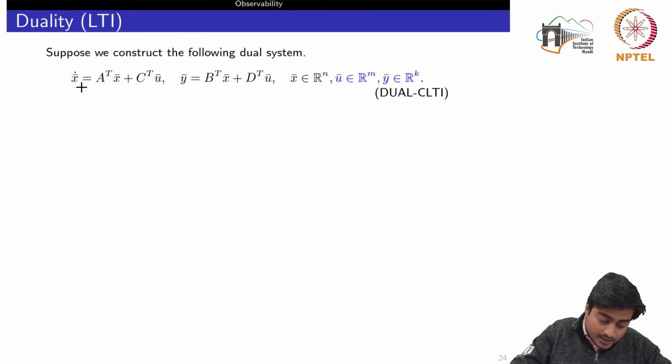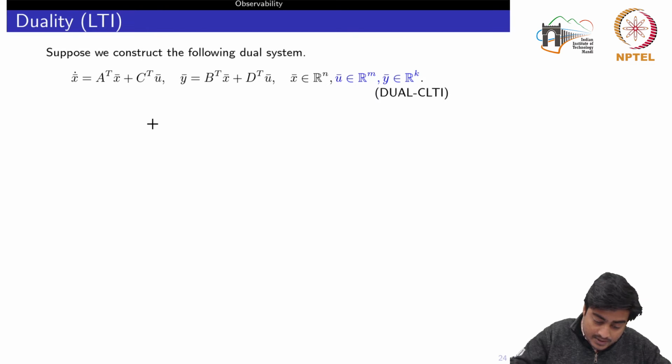I represent my dual system as X bar dot, with A transpose, C transpose, B transpose, and D transpose, where C transpose in this dual system becomes my input matrix and B transpose becomes my output matrix, and the state matrix, the input matrix and the output equation are taken as the transposes.